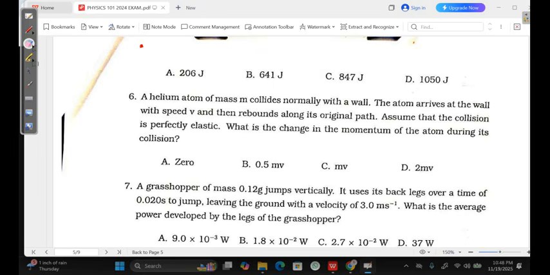I want you guys to understand something. Whenever we are talking about linear collisions, linear momentum, when you hear the word rebounds, then that velocity is negative.